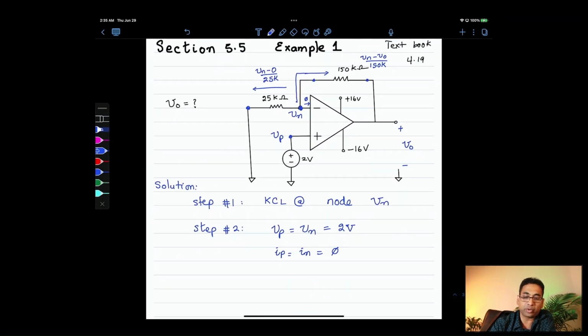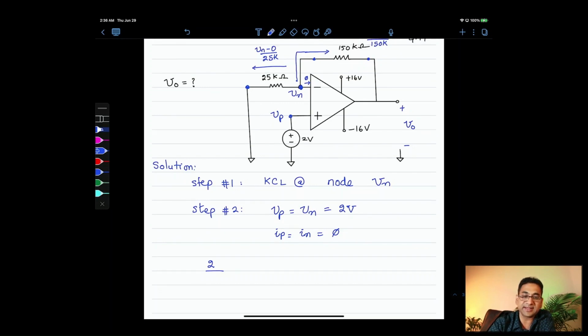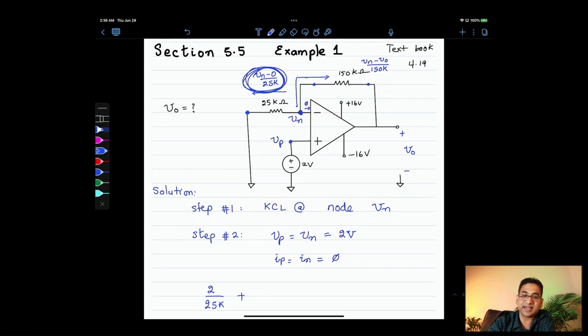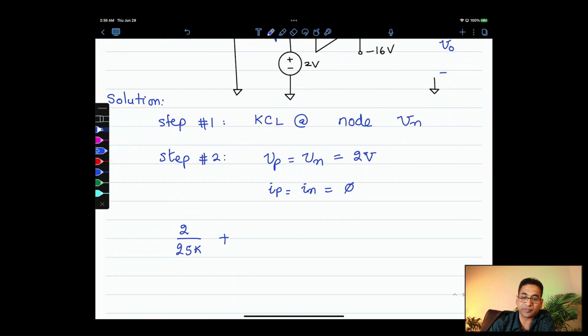So let's add both of those. Vn is given to be 2, which is given to be Vp. Vn minus 0, that guy is 2 divided by 25 kilo, plus 2 minus Vo divided by 150k, all of that equals 0.